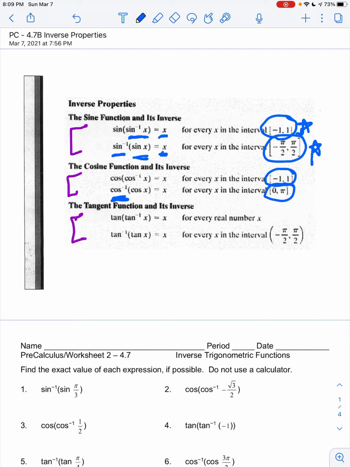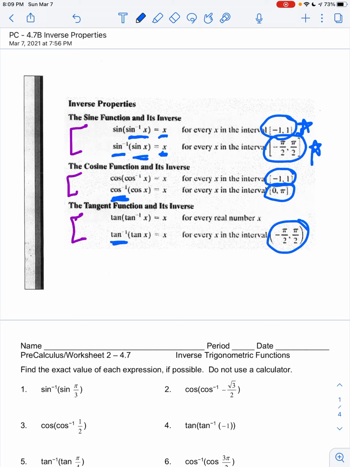It doesn't really matter what that input is, that's going to give you the same output. For the inverse tangent of the tangent of x, that will equal x as long as you're between -π/2 and +π/2, because that is in the range of the inverse tangent.